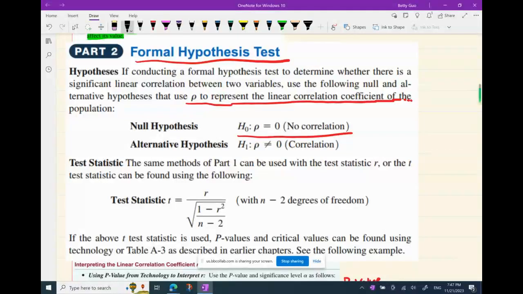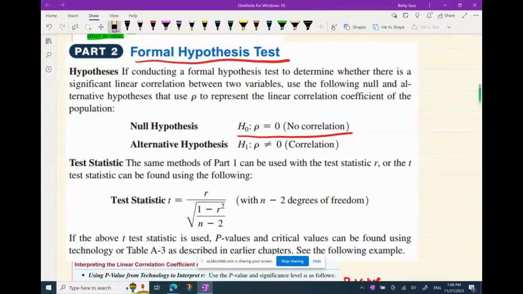The relationship between rho and R is like the relationship between mu and x bar, or sigma and s sub x. Rho is the linear correlation between the two populations. The test is always about the population, and the value of R is from a sample, so R is a statistic. If you really want to know the notation, that's the explanation.